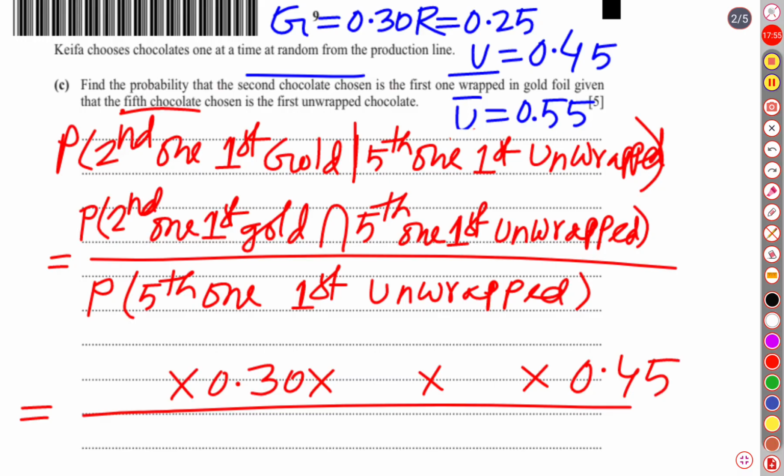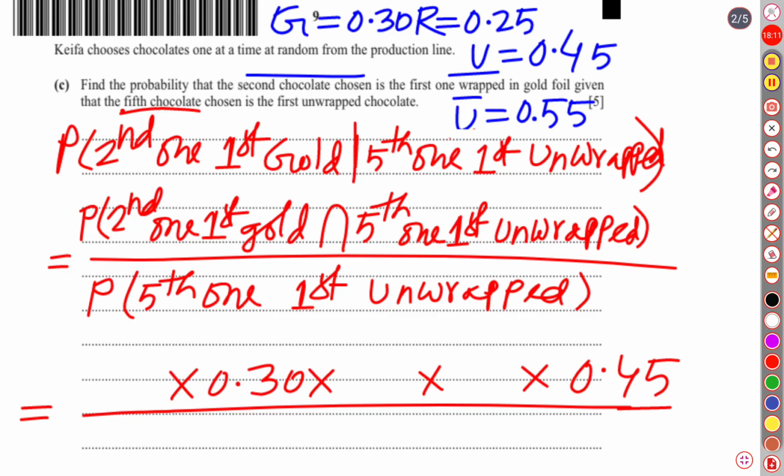Now look at the first one: it can be neither gold nor unwrapped, because the second one should be the first gold.